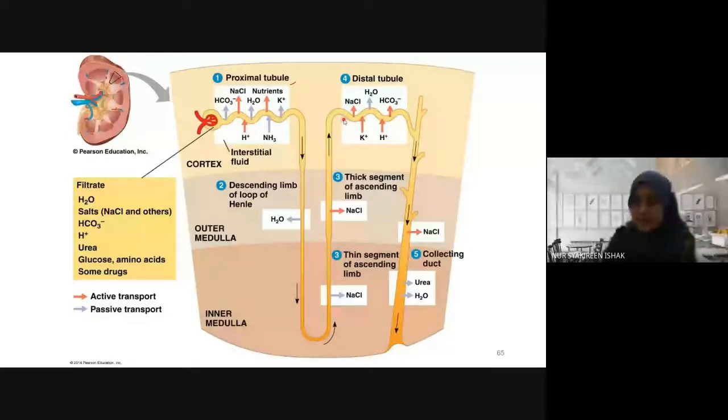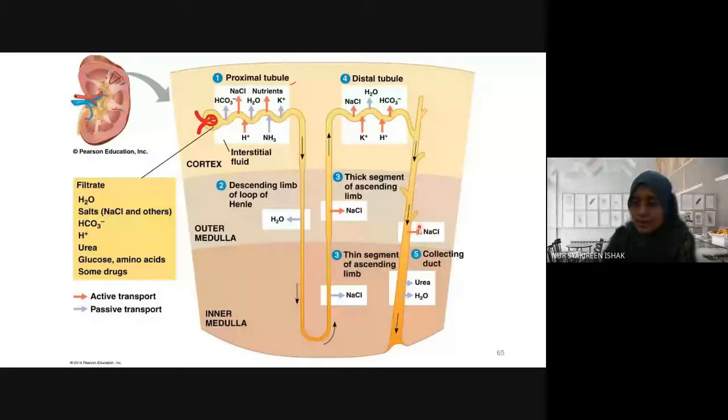Kat region kat sini, concentration of filtrate is around 300. Okay, 300 region kat sini, right? So kat sini akan berlaku apa? Reabsorption, secretion, and then enters into the descending limb. Okay, so this is where reabsorption of water occurs.